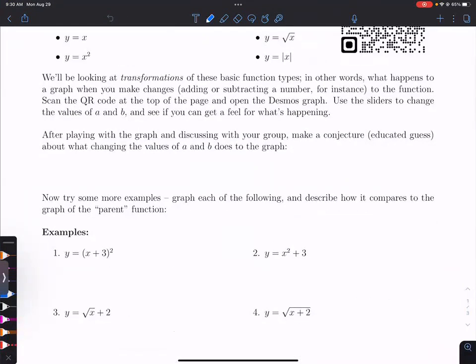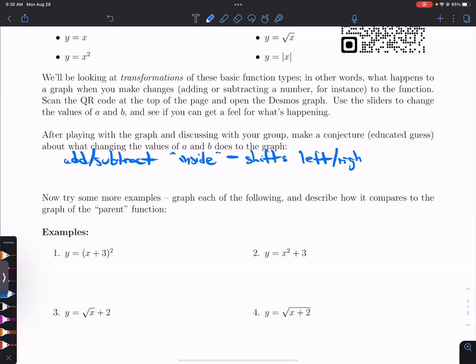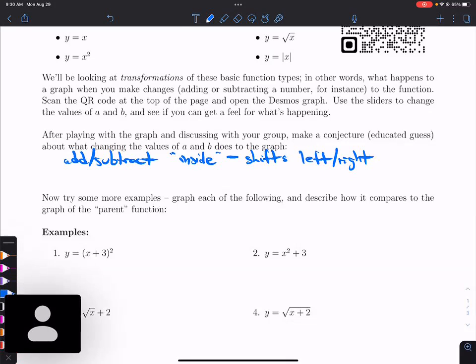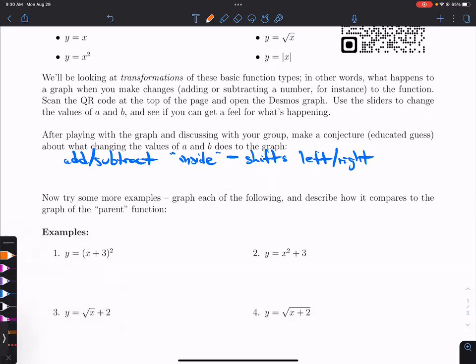So if we add or subtract inside, it shifts left and right. That's the thing that in my graph was labeled as A. And B, if we add or subtract outside, it's going to shift up and down.